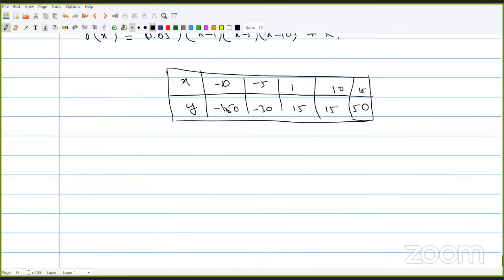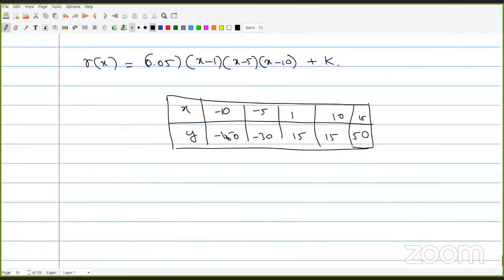How will I minimize the SSE? By considering the error, squaring the error and adding all those 5. So let us look at the point -10. The actual y is -150.